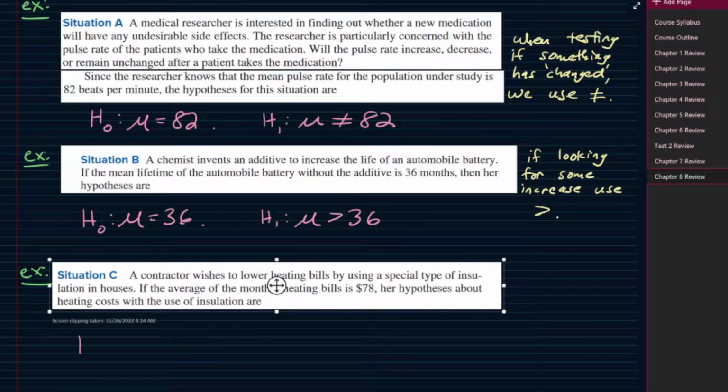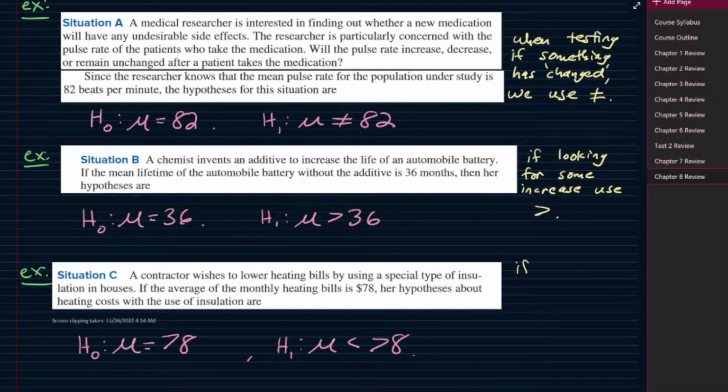And so in this case, our null hypothesis, we're assuming before the insulation is added that the average monthly cost is $78. Our alternative hypothesis, we're going to test if it's actually true that this insulation will have an improvement on the monthly heating bill, aka lower. So it'll be mu is strictly less than 78. That would be our null and alternative hypotheses under these scenarios.